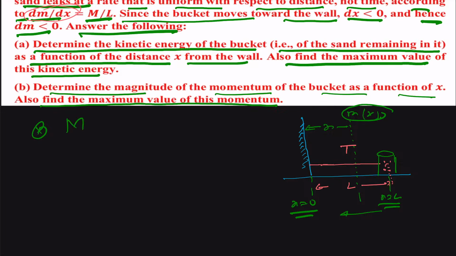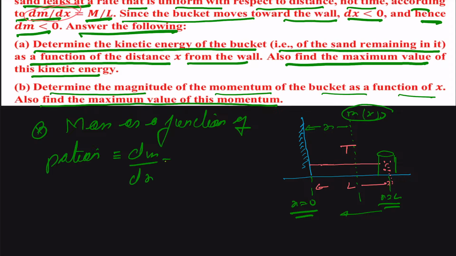Here mass is only the mass of the sand; the bucket is massless. So mass as a function of position is given as dm by dx is equal to m upon L. It means the mass is decreasing linearly with distance and not with respect to time.